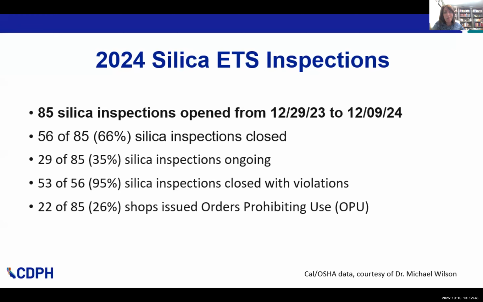In other words, there's widespread non-compliance across this industry. And 26%, so 1 in 4 shops, were issued an order prohibiting use. In other words, dry cutting or another imminent hazard was observed, and the shop was closed until that was remedied.